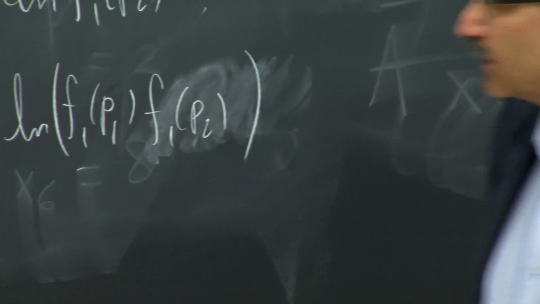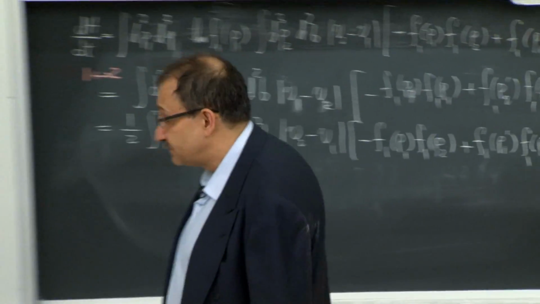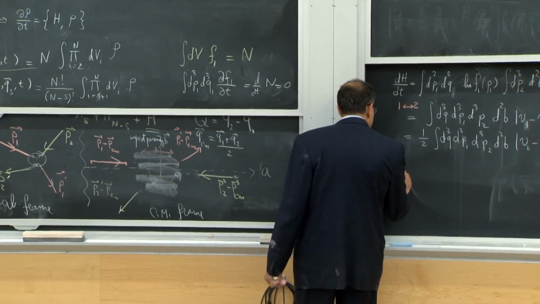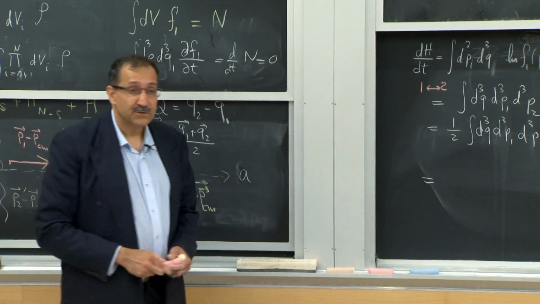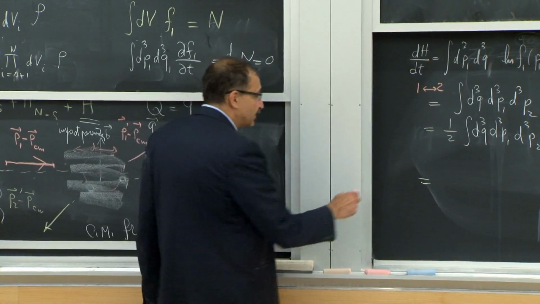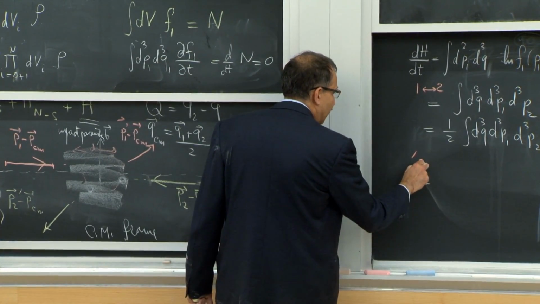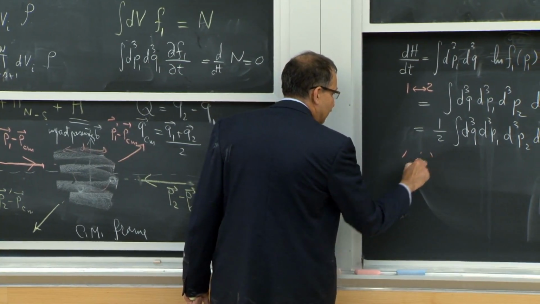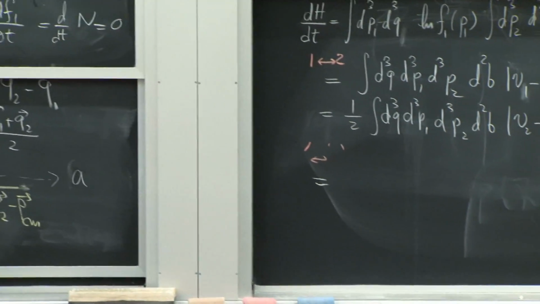Now, the next thing one has to think about, what I want to do is to replace primed and unprimed coordinates. Okay?